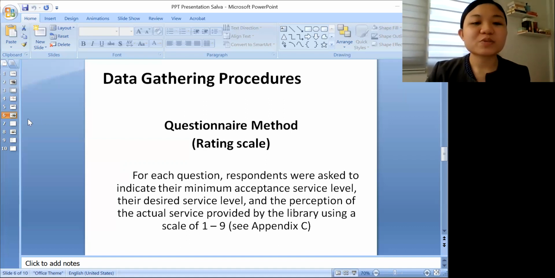For each question, respondents were then asked to indicate their minimum acceptable service level, their desired service level, and the perception of the actual service provided by the learning center using a scale of 1 to 9. The study was conducted under the assumption that there are no absolute service quality requirements.